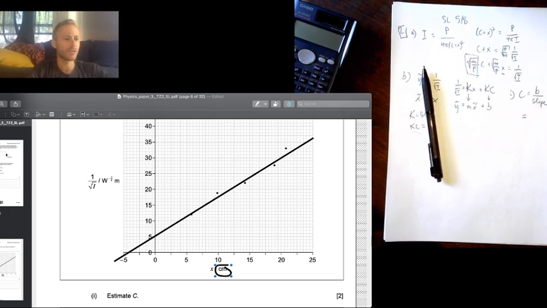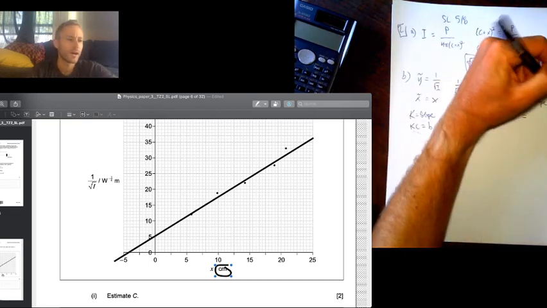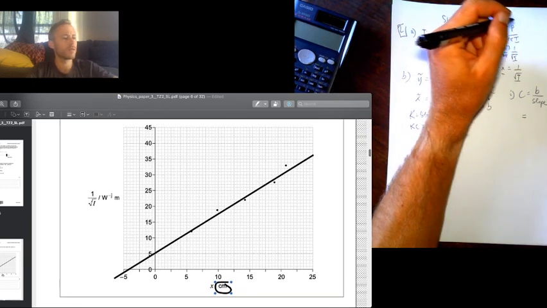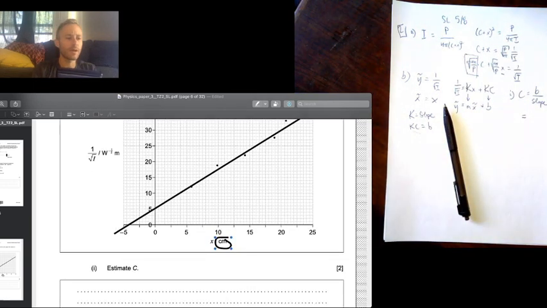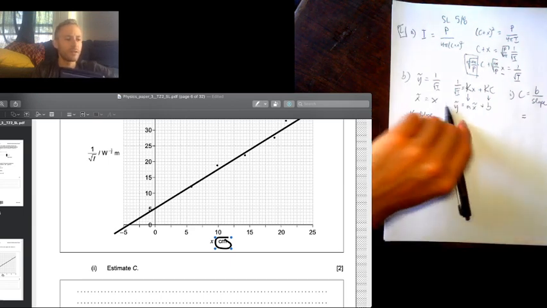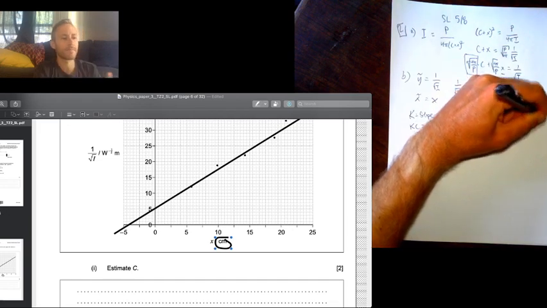As far as the units are concerned, this is 5. Well, let me just calculate it first. 5 times 0.25 over 30. This is 0.04.